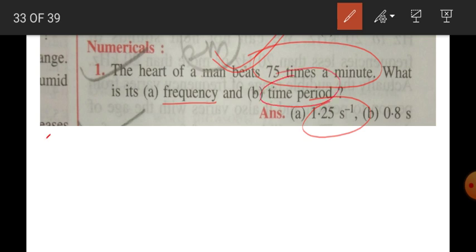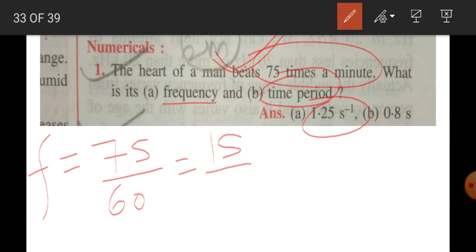So what is our formula? Frequency is the number of vibrations per unit time. How many vibrations did they mention? 75. Time 1 minute, and 1 minute means 60 seconds. Now if I calculate it further, dividing by 5, we get 15 and 12.